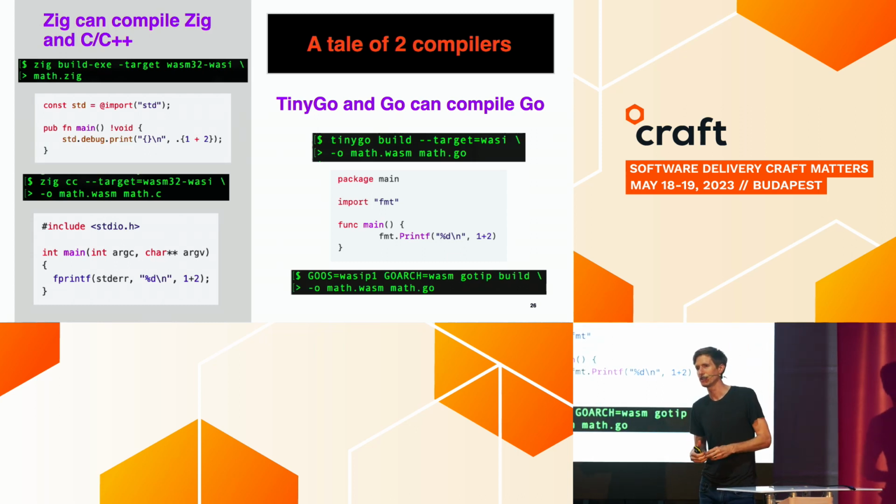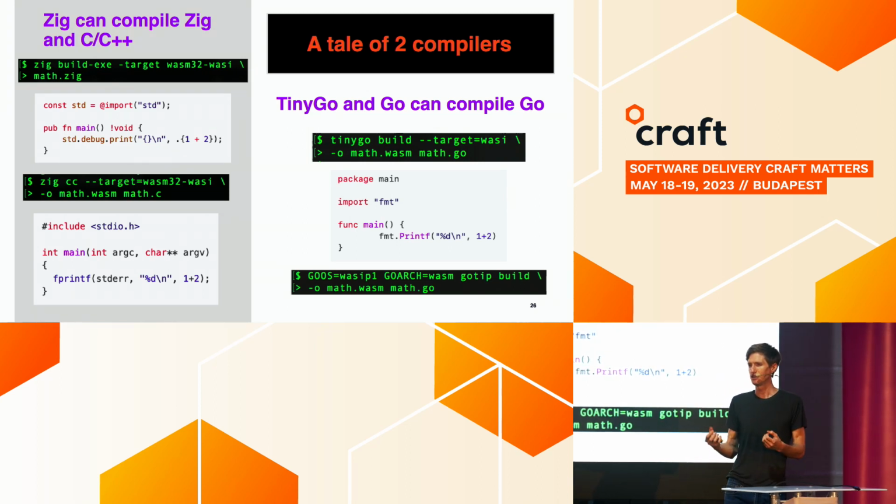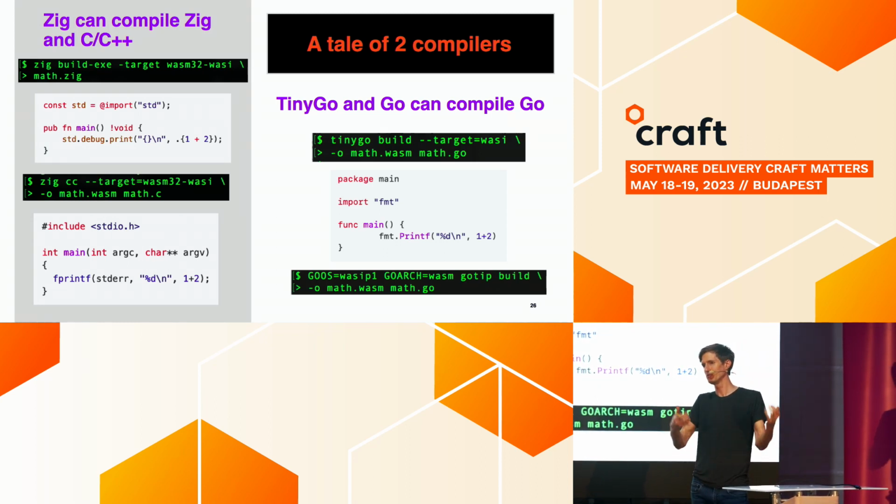But one of the neat tricks inside of Zig is that it actually bundles in a C compiler. So you can do like Zig CC and compile C with the same binary. So it's actually a 2-in-1 compiler. And why that's neat for WebAssembly is that it already has to bake in WebAssembly support to support normal Zig going to WebAssembly.